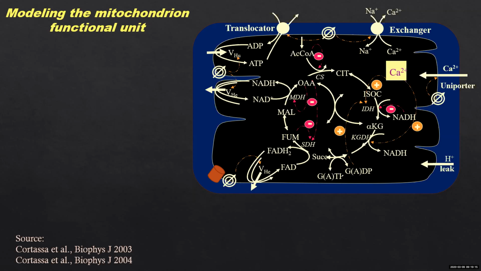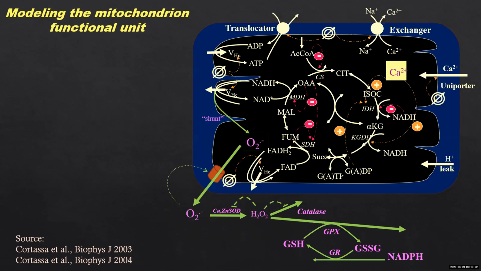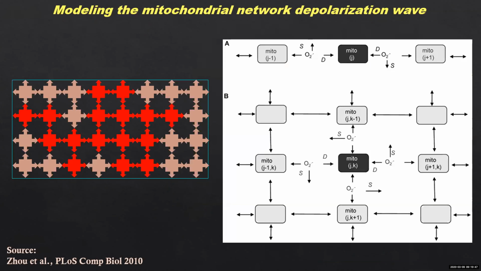The second model included the antioxidant systems and also the generation of ROS and its consumption by antioxidant systems, and then the exit of ROS through certain mitochondrial membrane channels. And it was able to simulate the oscillations as shown in the experiments.